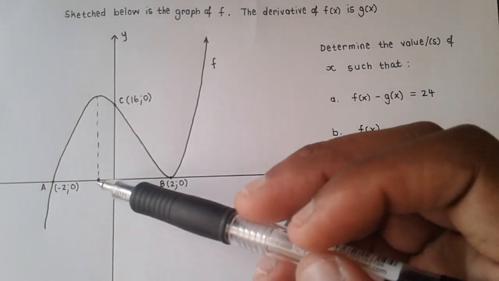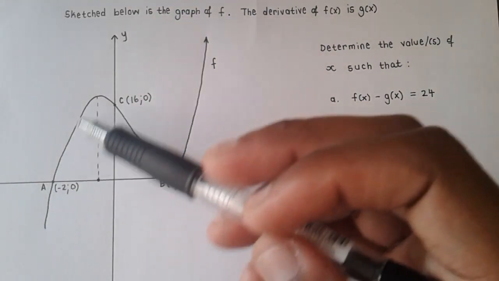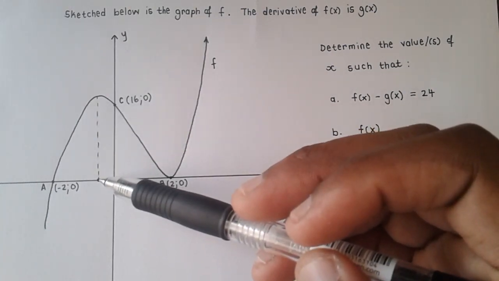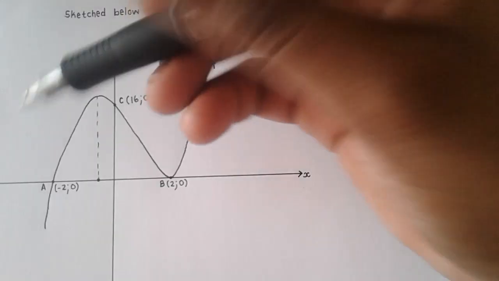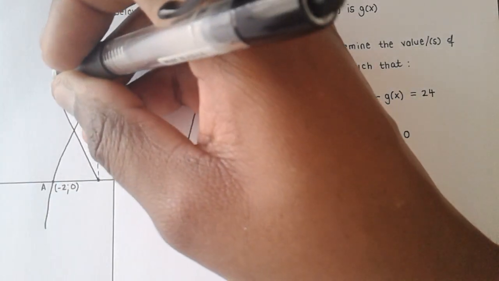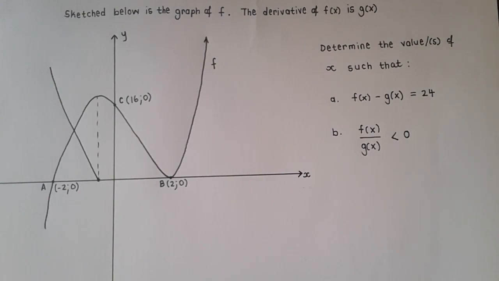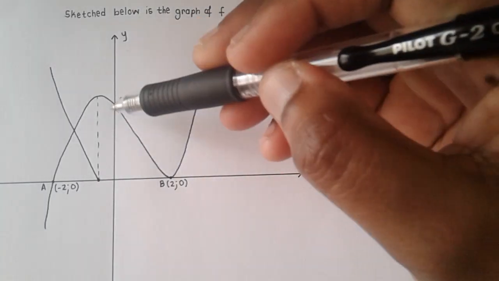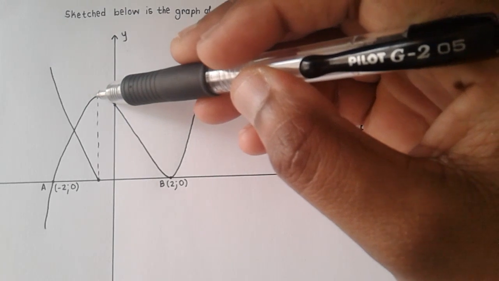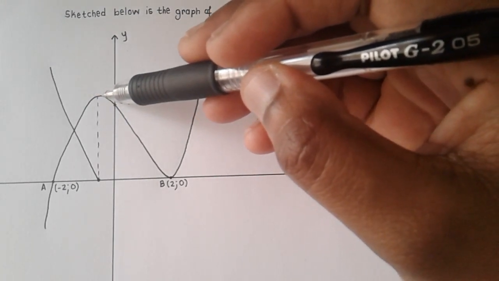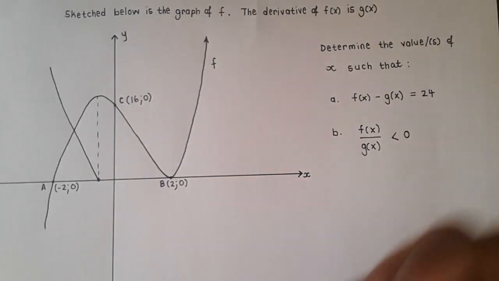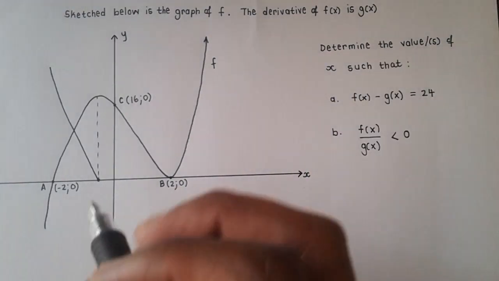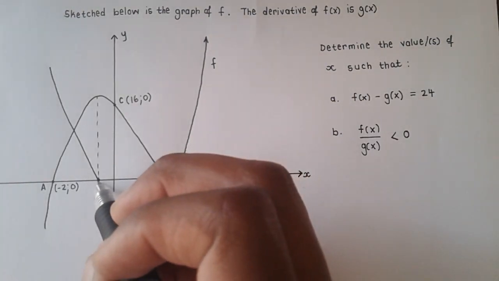What is happening on f in terms of gradients just before this x value? f has increasing gradients, which means our parabola has to be above the x-axis here. After this x value, we've gone past the gradient of 0 and now the gradients are decreasing, so the graph of the derivative function g has to be below the x-axis.